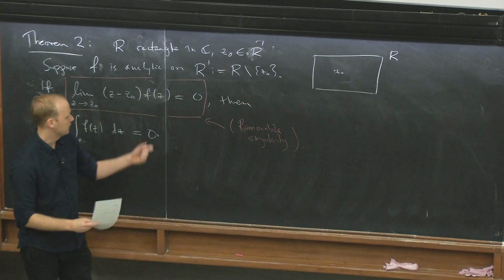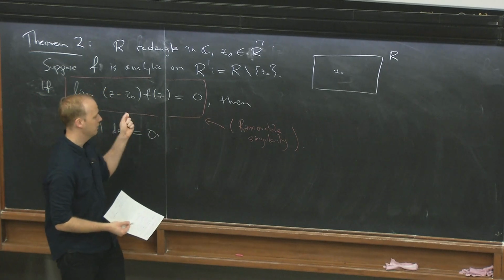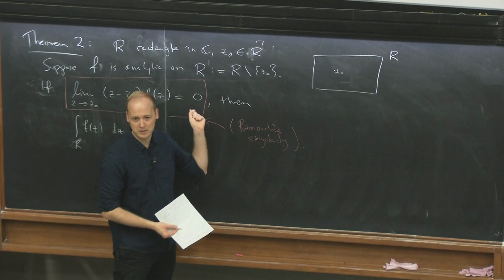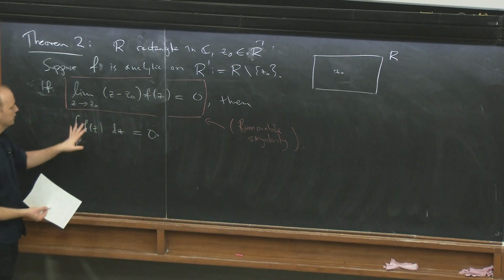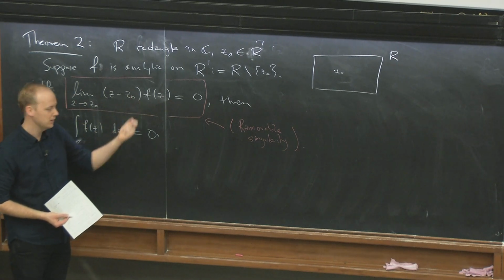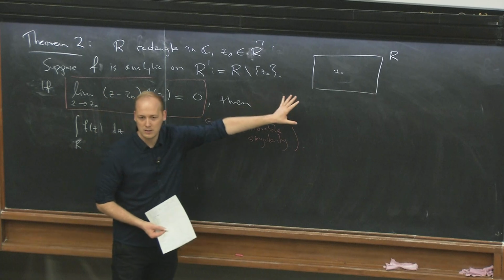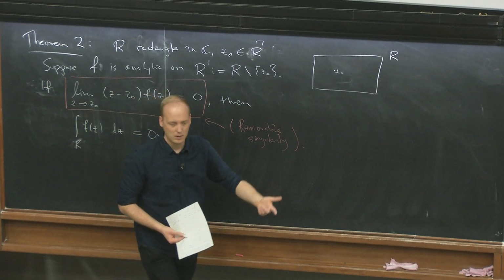So later on, actually quite soon, probably next lecture, we will show that if you have a removable singularity, then the function is already analytic. So soon we will be able to prove that this condition implies that f is in fact analytic in all of R, and then we apply the usual Cauchy's theorem. Okay?